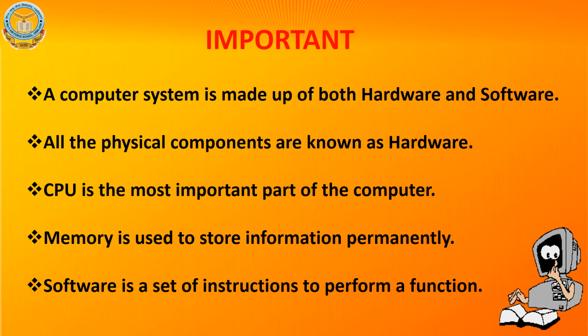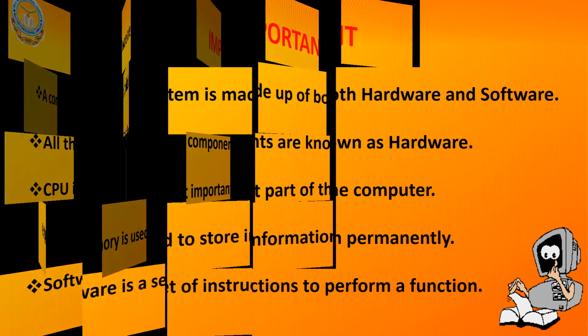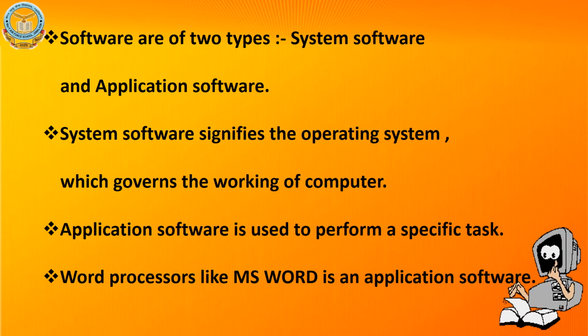Software is a set of instructions to perform a function. Software is of two types, system software and application software. System software signifies the operating system which governs the working of the computer, and application software is used to perform a specific task. A word processor like MS Word is application software.